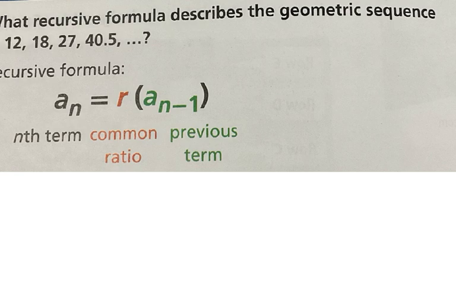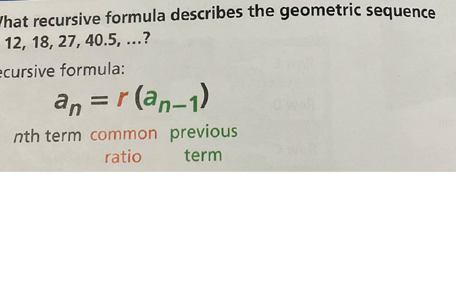Well, if n was 10, what would n minus 1 be? 9. So if I'm looking for the 10th term, I could just find the 9th term and multiply that by the thing we're multiplying by over and over and over. What if I want to know the 50th term? I just take the 49th term and multiply it by the common ratio. That's not common sense, right?